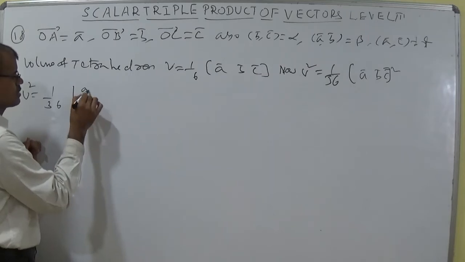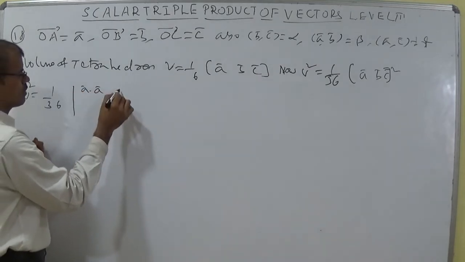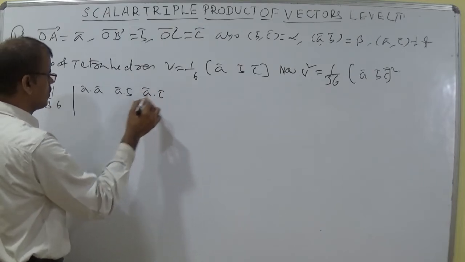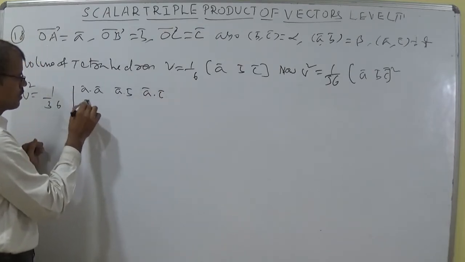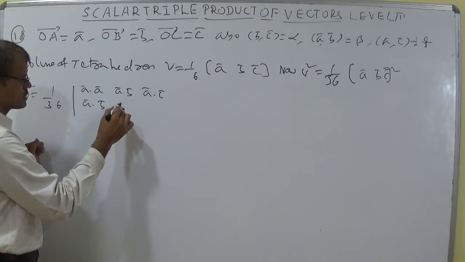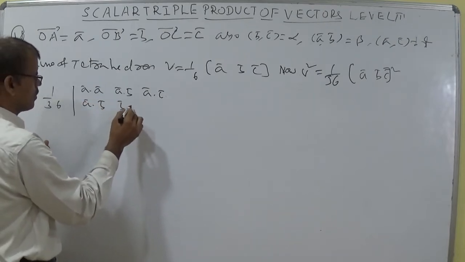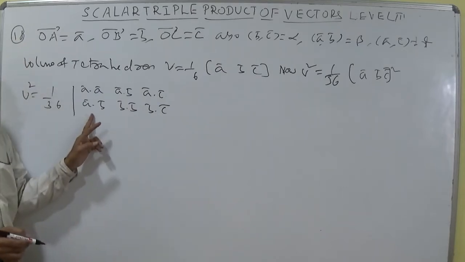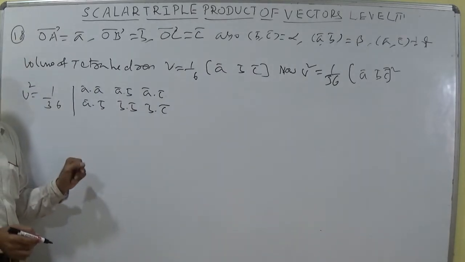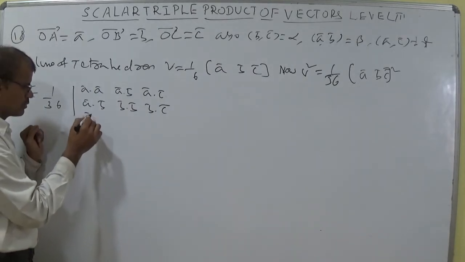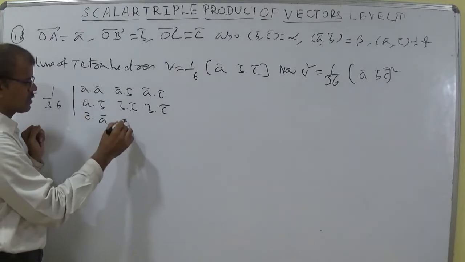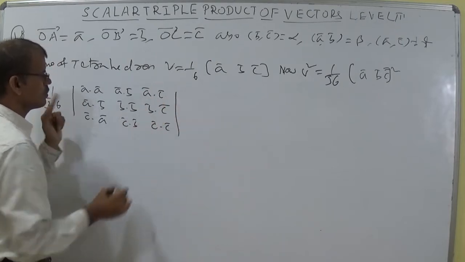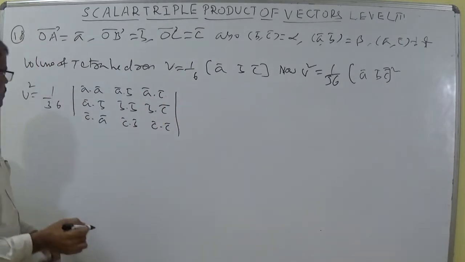I said that A bar dot A bar, A bar dot B bar, A bar dot C bar; next B bar dot A bar, B bar dot B bar, B bar dot C bar; here you can write A bar dot B bar also because the dot product is commutative. Then C dot A, C dot B, C dot C. This is the notation of box ABC whole square.